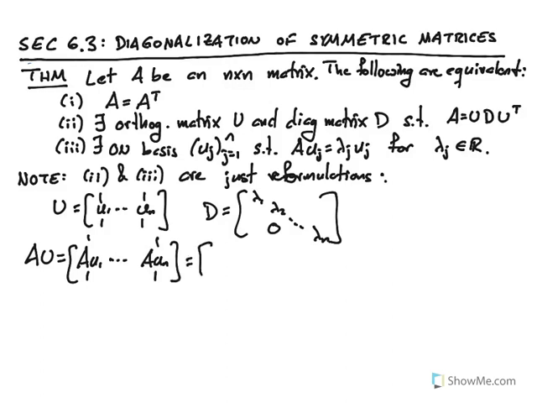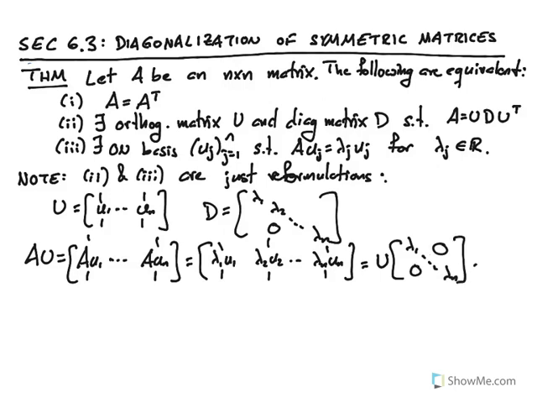Now if the u_j are eigenvectors, then these are just scalings. So A u_1 is lambda_1 u_1, A u_2 is lambda_2 u_2, and so on, all the way up to the last column. And that is, of course, U right multiplied by the diagonal matrix with eigenvalues. So that's U times D.